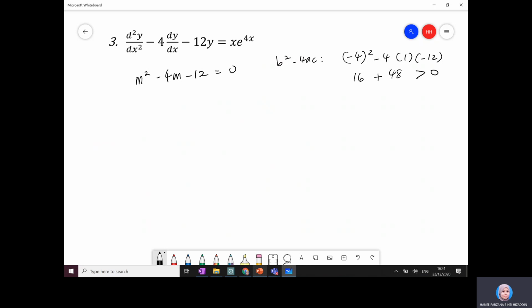So you have two distinct roots, m minus 6 and m plus 2 equals 0. So m1 equals 6 and m2 equals negative 2. So your yc is c1 e^6x plus c2 e^(-2x).